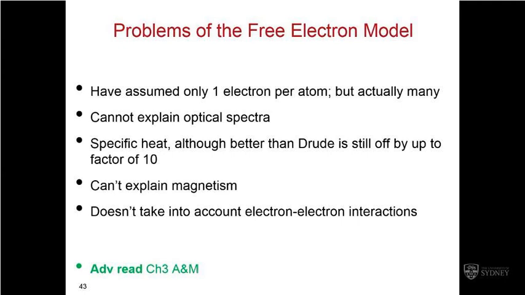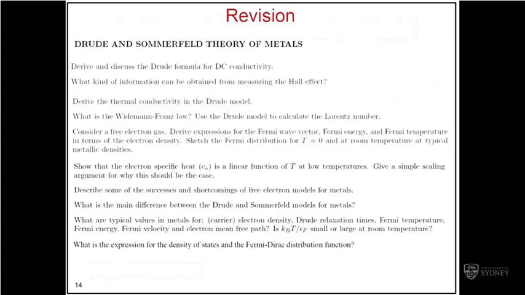Okay, so what are we up to now? Here I've just put a little bit of summary revision about what Drude and Sommerfeld, however you want to call it. What I've put here are some of the questions you might like to remind yourself of when you're revising for this.